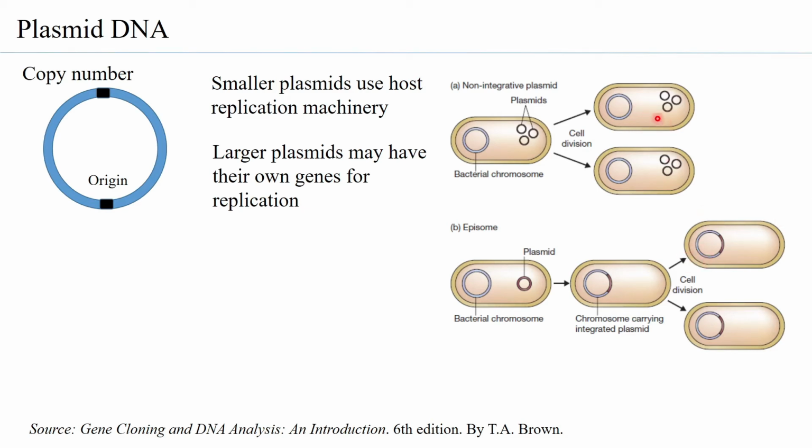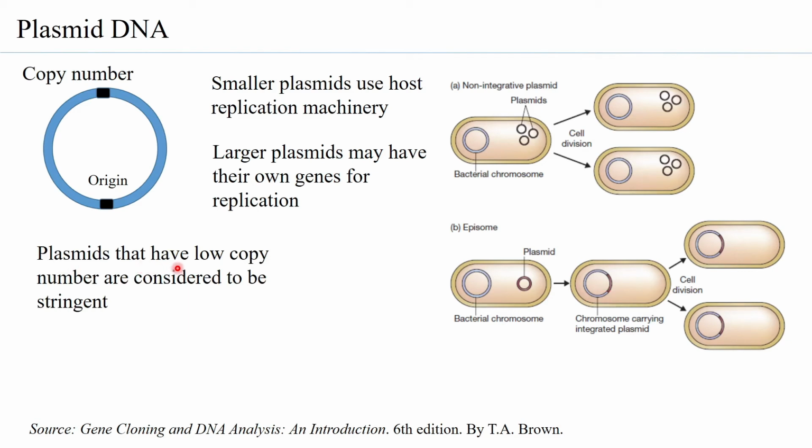In the other case, you would have the plasmids being independent. You will have them present separately and in more copy numbers, as observed. Here it is dependent on the chromosomal DNA to replicate. Only when the chromosomal DNA replicates, the plasmid DNA will also get replicated.